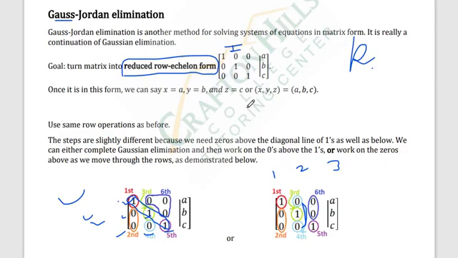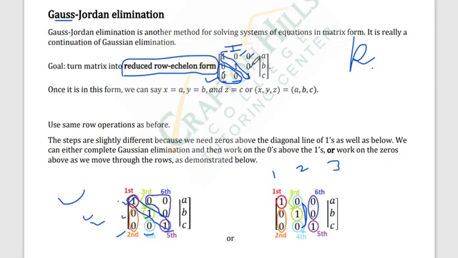It is the same as Gaussian elimination, but they have included some steps so that this will become an identity matrix. Already in Gaussian elimination we have made these three elements 0, but now in Gauss-Jordan we have to make this element 0 also.